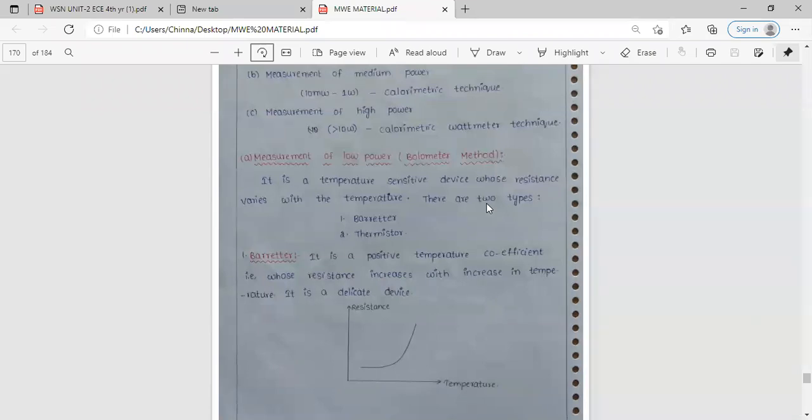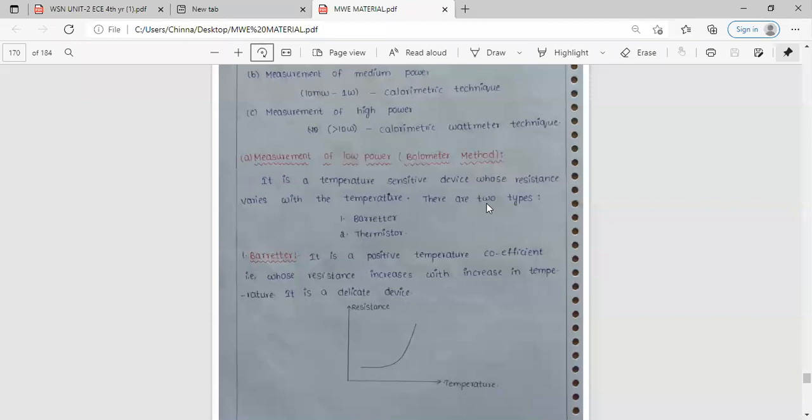The first one is the measurement of low power. It is a temperature sensitive device whose resistance varies with the temperature. There are two types of bolometer: one is the barretter and the other is the thermistor.